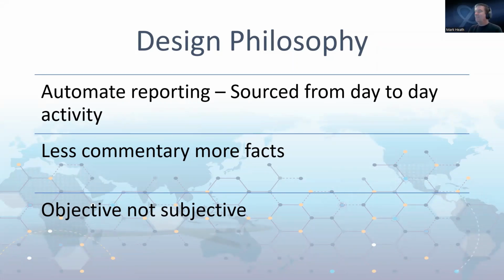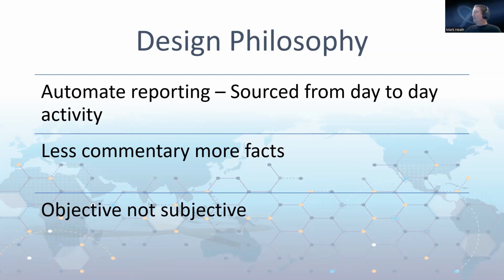Have the data sourced from what you're doing already, with less commentary, so you're not spending a lot of time at the end of the month thinking about what's happened and typing up a report. You're not copying and pasting data from lots of different sources into a PowerPoint or a Word document to be rendered to PDF at a later date. So hopefully there's an instant benefit for the project manager in not needing to report.